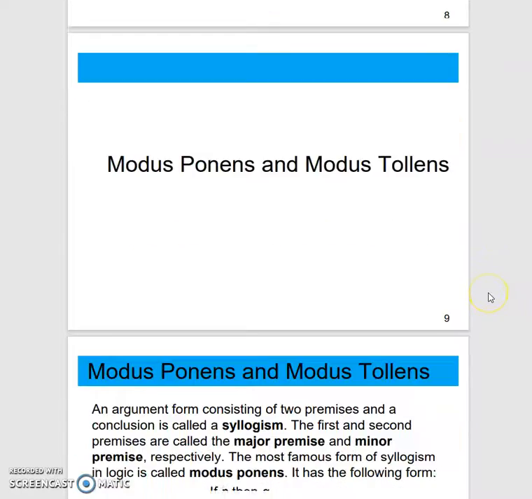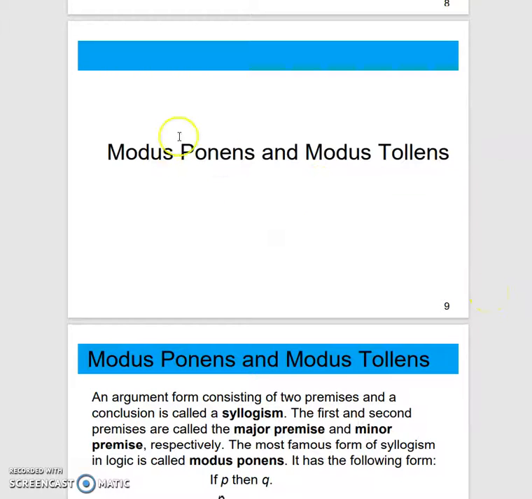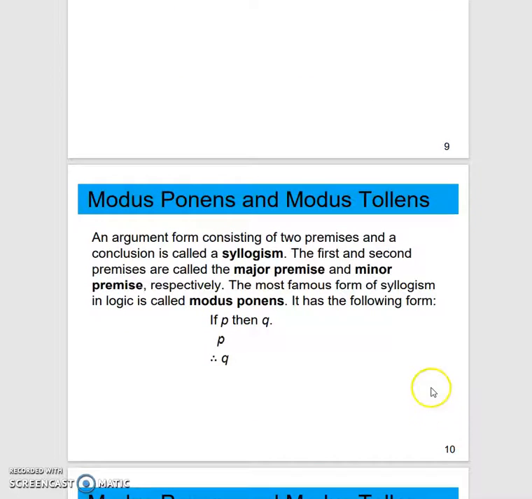All right, I am not going to worry too much about the terms here, modus ponens and modus tollens. That is from the Latin if you're curious, but I do at least want us to see what it looks like.